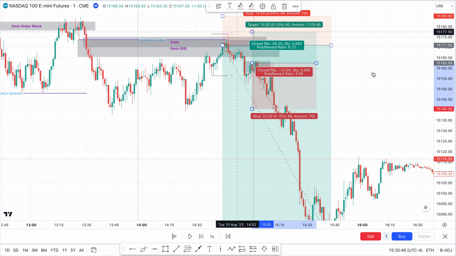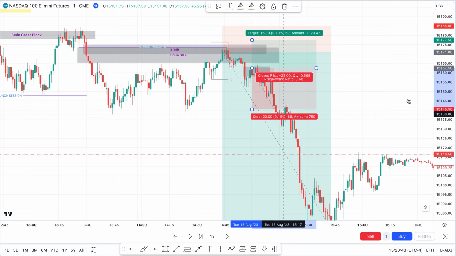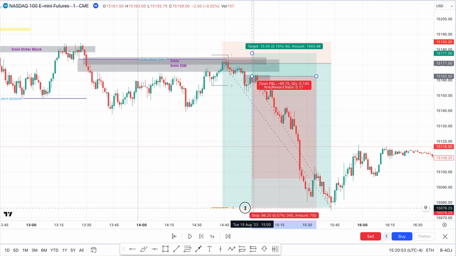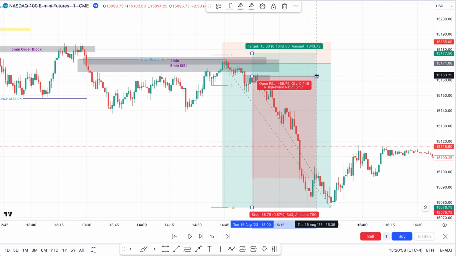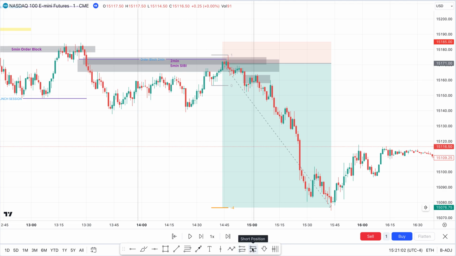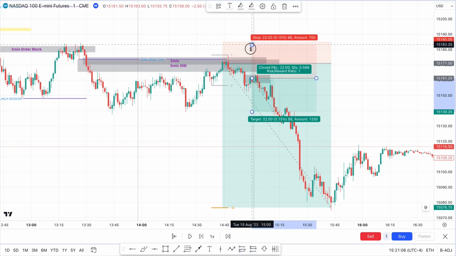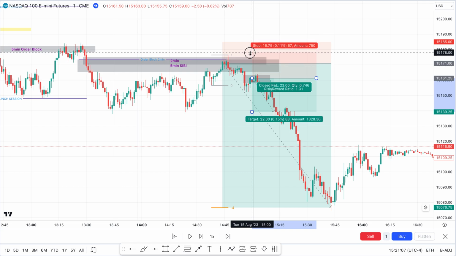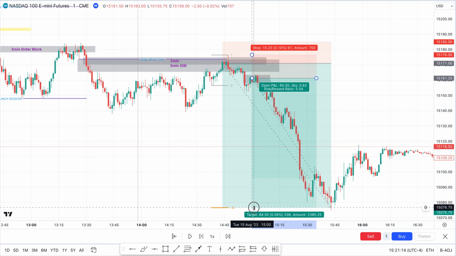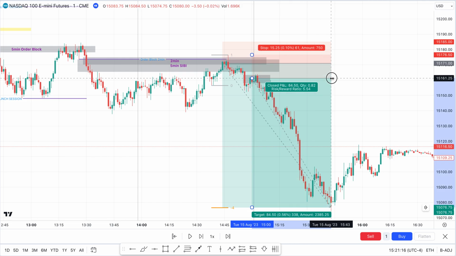So that would be a safe stop, 15 points, and we are targeting still the same area, 85 points as a target. Just reverse that. Short inside here, 15 point stop, 85 point target. 1 to 5.